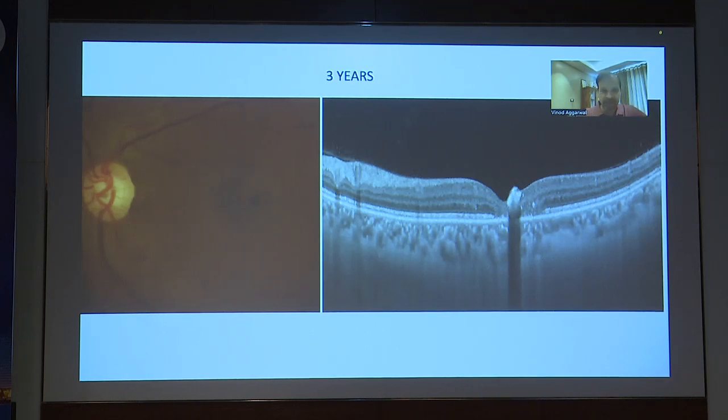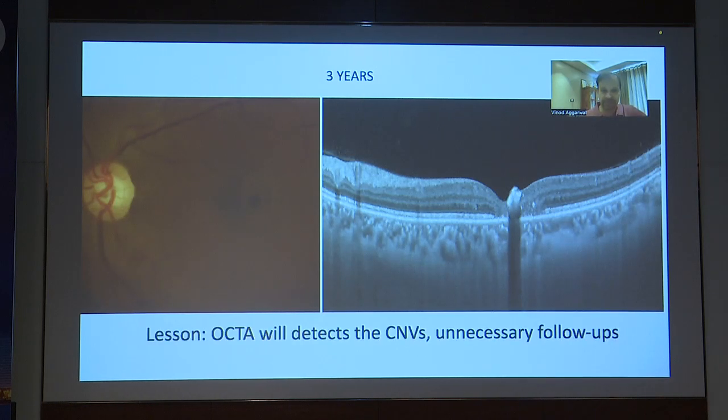Now, this is a classical case where OCTA will show you a few vessels either in the outer retina or in the choriocapillaris complex, and we wouldn't know what to do with it. So this is a patient who, if you explain to the patient, will be more anxious, and surgeons or the physician, of course, would be on his toes to see when this CNV complex will become active.